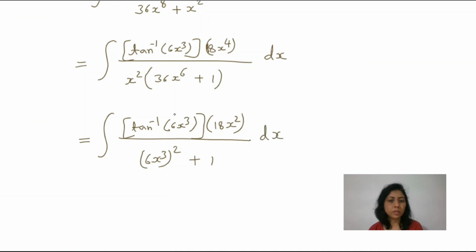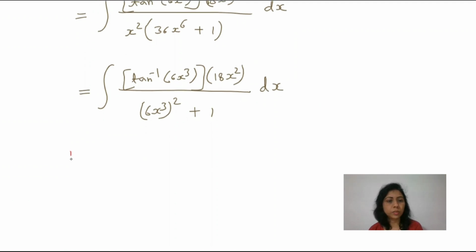Now here this 6x cube is the same thing, so put 6x cube as t. When we differentiate, we get 6 times 3, 18x square dx is equal to dt, and we get this one exactly, this 18x square dx.